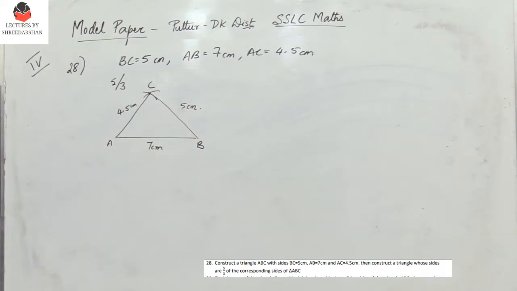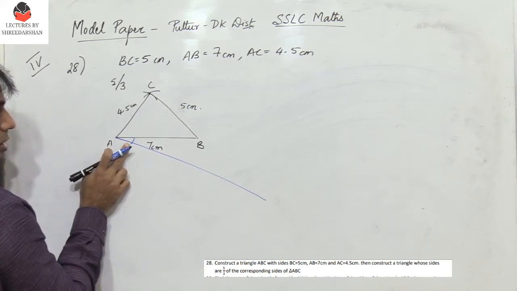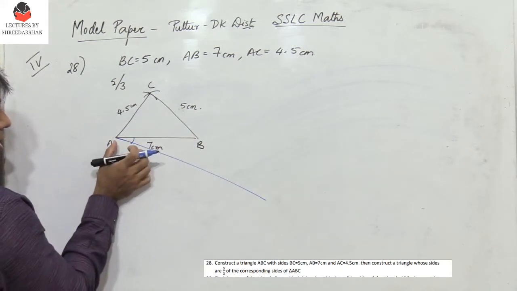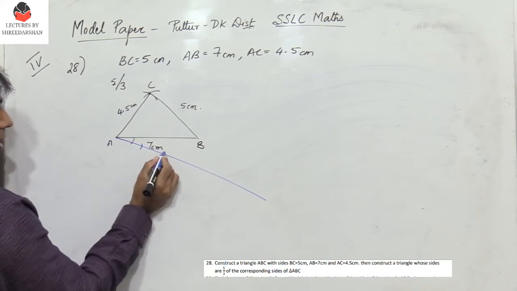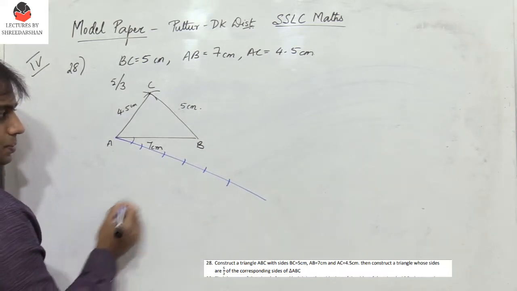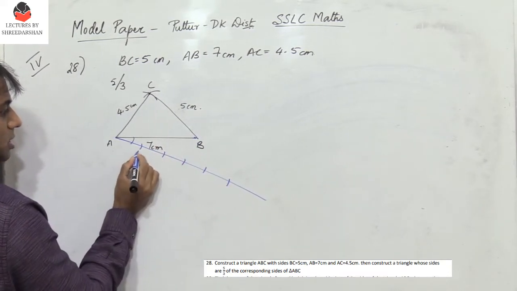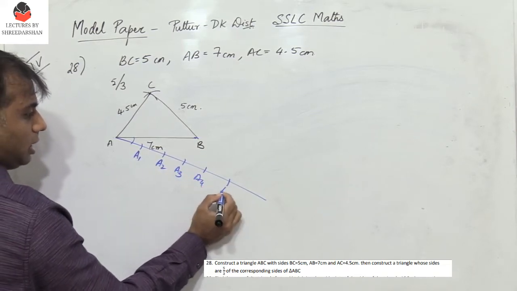Now what do we do? Take a line at an acute angle to AB. Take a fixed distance using your protractor and cut 5 equal arcs. 1, 2, 3, 4, 5. Call them A1, A2, A3, A4 and A5.